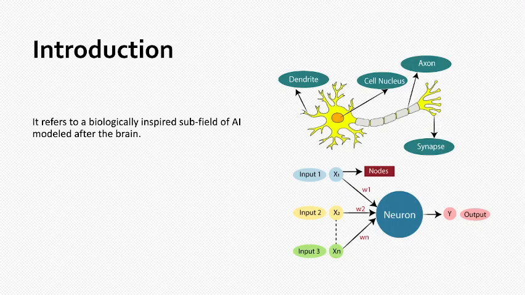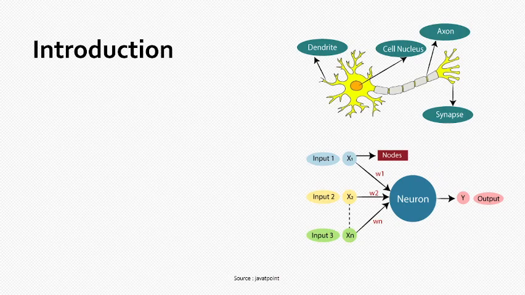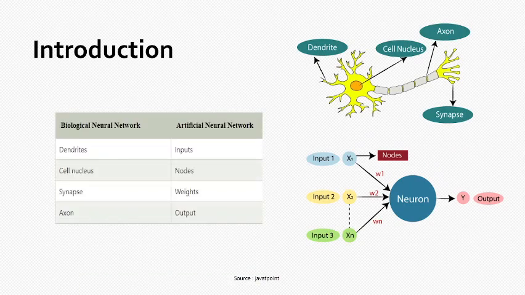We can also say that the ANN is the very basic background of today's revolution of LLM models and GenAI models. You can see in the picture a comparison of a human neuron with the artificial neuron.